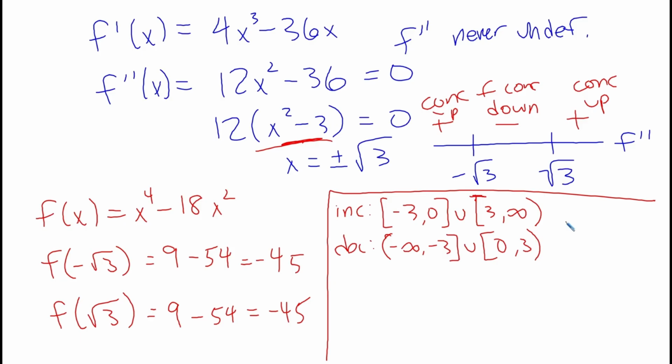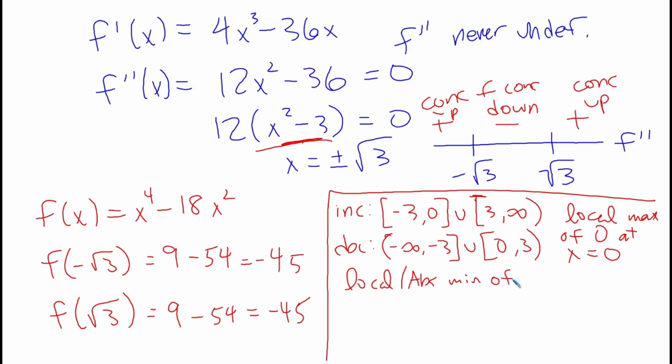And we had a local max of 0 at x equals 0. And we had a local and absolute min of negative 81 at both x equals 3 and x equals negative 3.